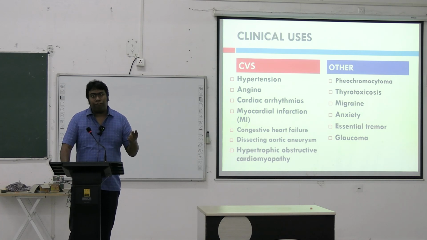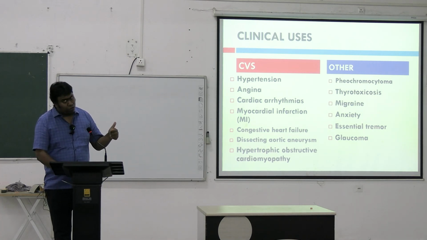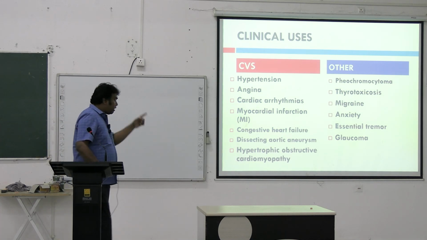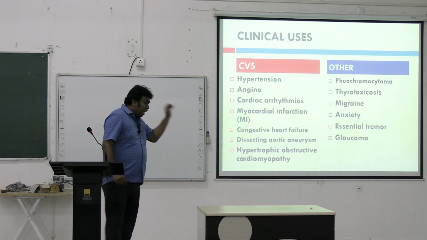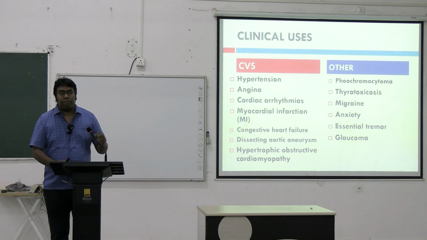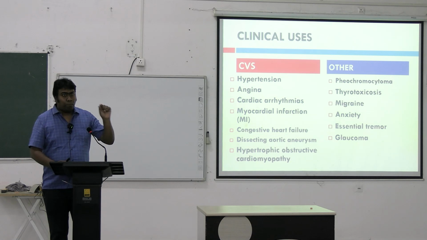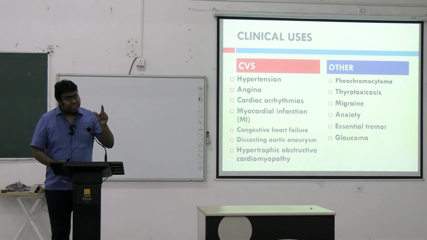So the second non-cardiac use of beta blocker: one is pheochromocytoma, then thyrotoxicosis. Third one is migraine. In migraine, there is a vasodilatation of cranial vessels. By stimulating beta 2, there is a vasodilatation.